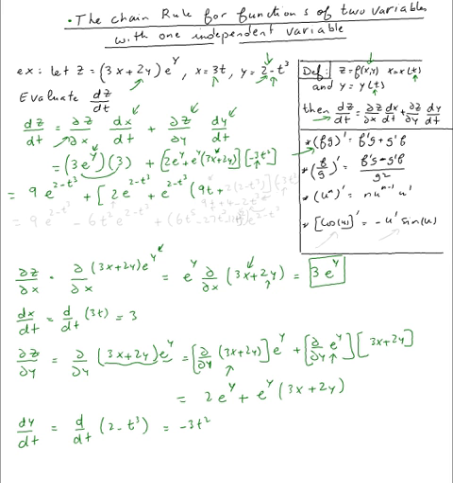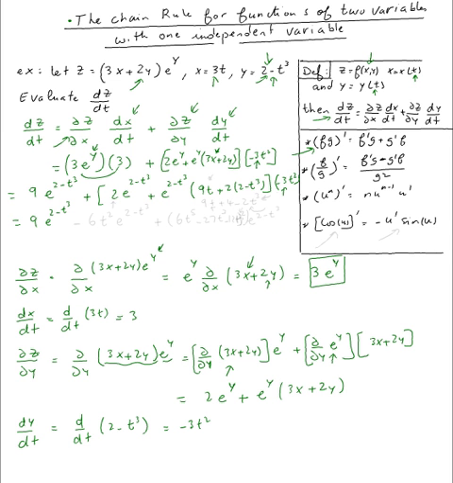2 times y will be 4. Let me do it in 2 steps. 2 times my y will be 2 minus t cubed. So I can afford one more step: 9e to the (2 minus t cubed). How do I do this?